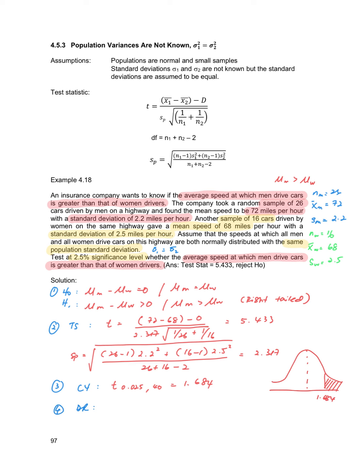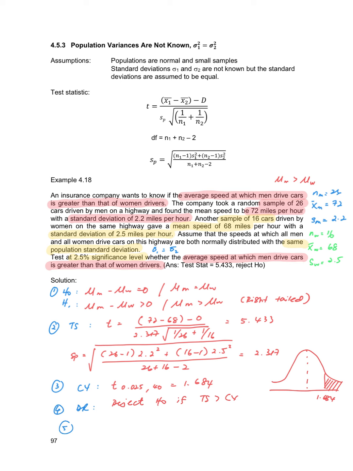So we will reject H0 if the test statistic falls in the rejection region, or if the test statistic value is greater than 1.684. So reject H0 if test statistic is greater than the critical value.